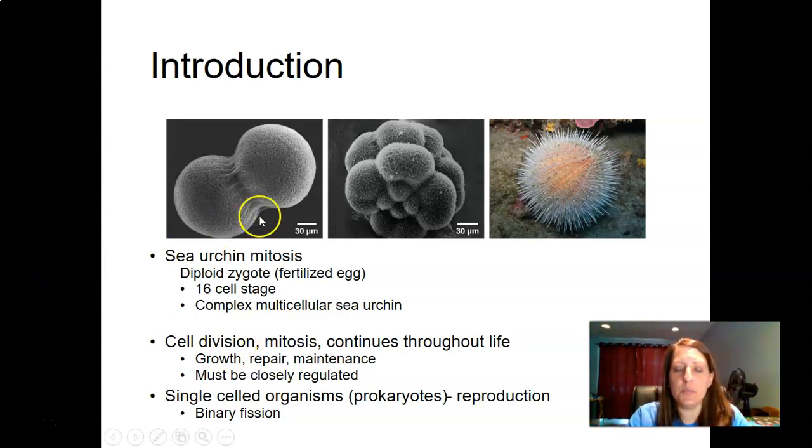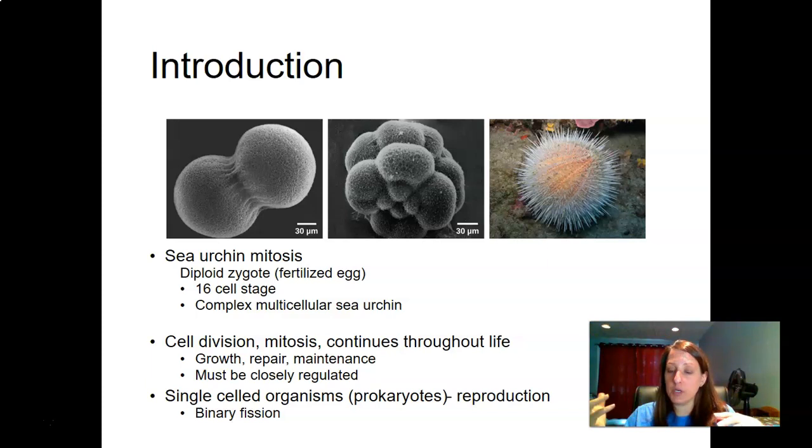Again, this is the sea urchin and it's showing mitosis. In the first image, we have what was a diploid zygote, or a fertilized egg. We're going to learn what diploid means, but just to give you a heads up. First of all, a zygote is the result of fertilization. So it's the result of sexual reproduction.